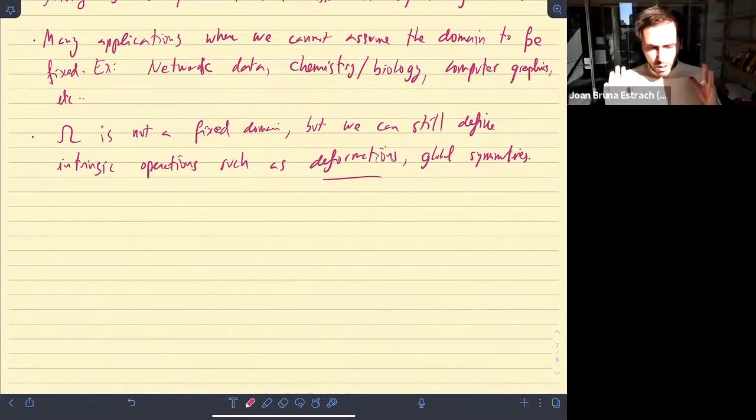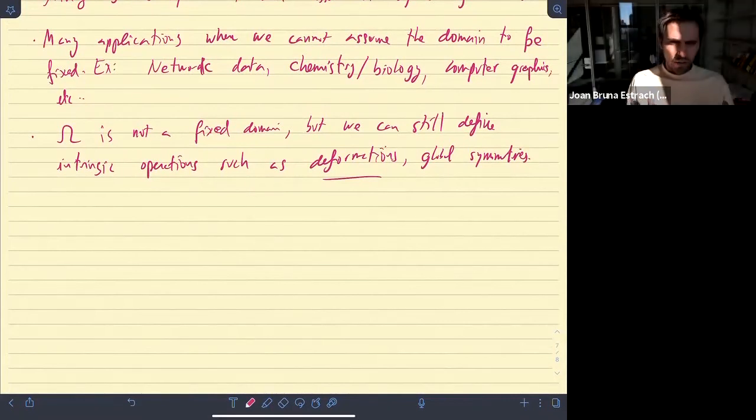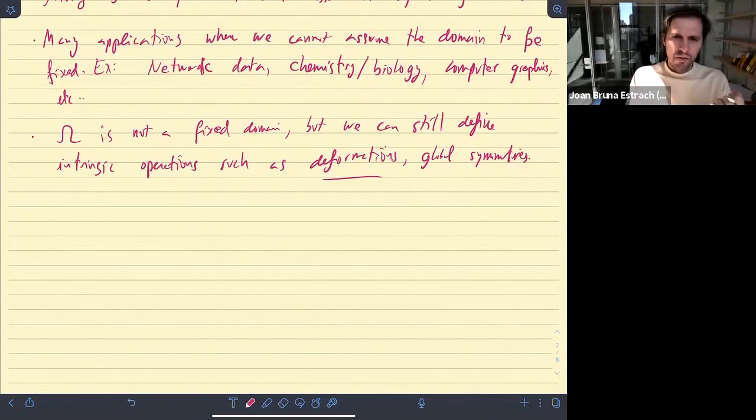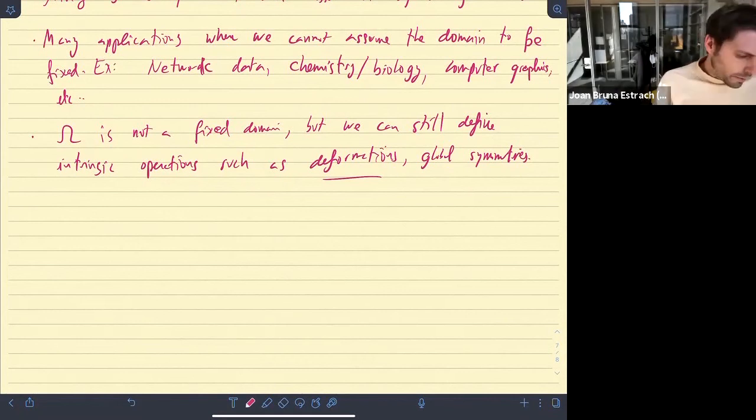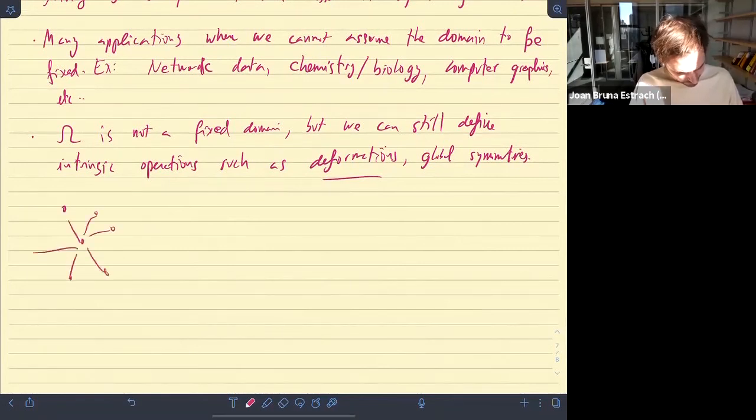I have my domain that is always the same, and I have some signal over a domain, and this signal over a domain I can deform by just applying a certain diffeomorphism. So now what I want to say is that we can think about a more general domain, for example, like a graph. So that's my new domain.